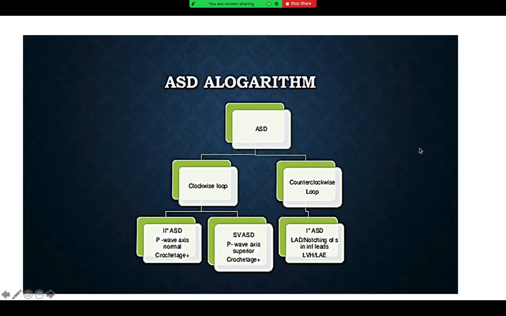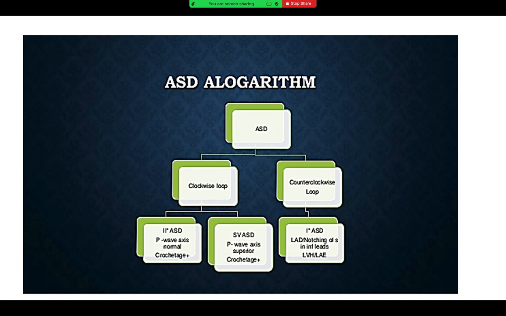So to summarize a little bit of the algorithm, in fact, we all are aware that ASD can be of two types further, the clockwise loop or the counterclockwise loop. The clockwise loop again can be of two types. You can say it like this: the ostium primum and the secundum.